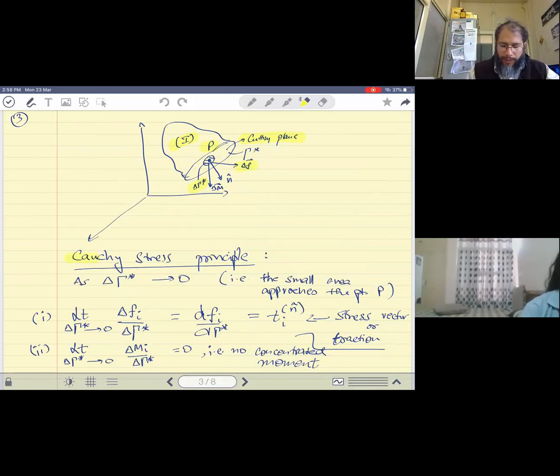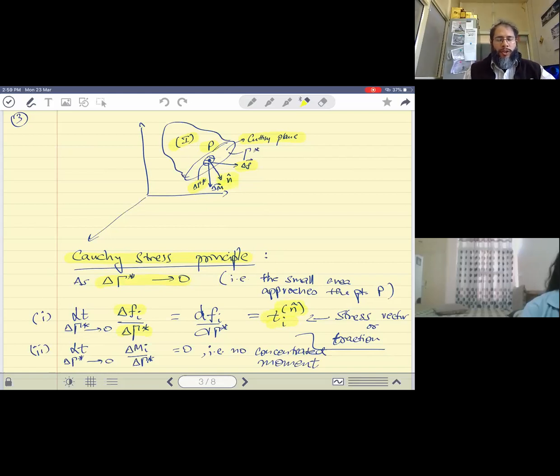So the Cauchy stress principle states that as our delta gamma star tends to 0, the limit of the ratio of this small amount of force acting on that small area to the amount of the area has a limit, and this limit is called the stress vector or the traction T. Now what we see is that it has a superscript n hat associated to it, and that is because we chose a cutting plane in such a way which had a normal along the direction n hat.